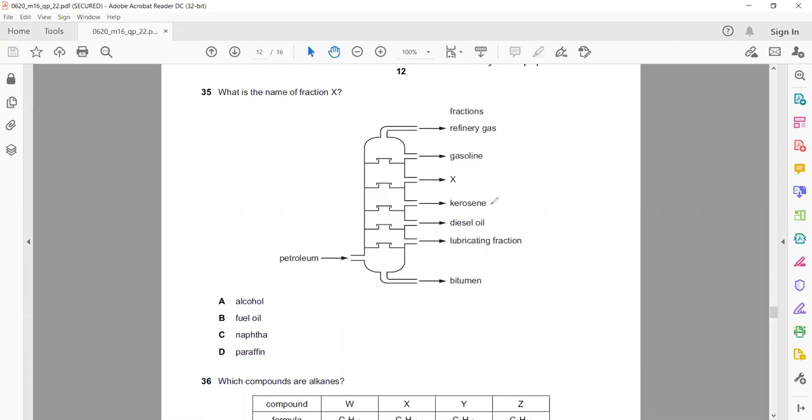Kerosene and paraffin are the same thing. When we say kerosene, it's also paraffin. So this cannot be the alcohol, we don't obtain alcohol. Fuel oil is a heavy fraction. So between gasoline and kerosene, what we obtain? We obtain naphtha.